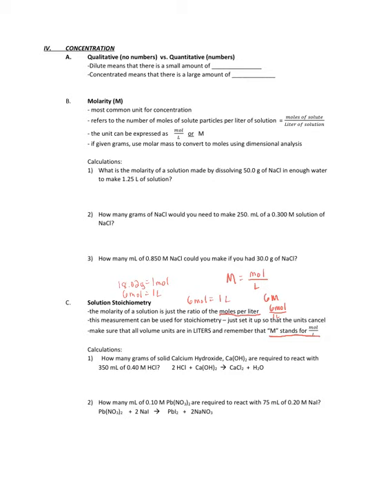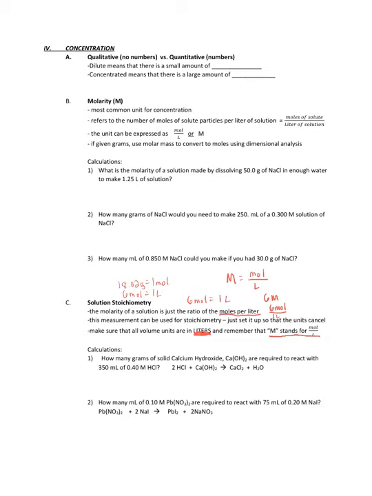So this measurement of molarity can be used for stoichiometry to set it up so that the units cancel, which is the general rule for dimensional analysis. Some things to keep in mind also: make sure that all of your units for volume are in liters. So if you have milliliters, you got to get rid of those.